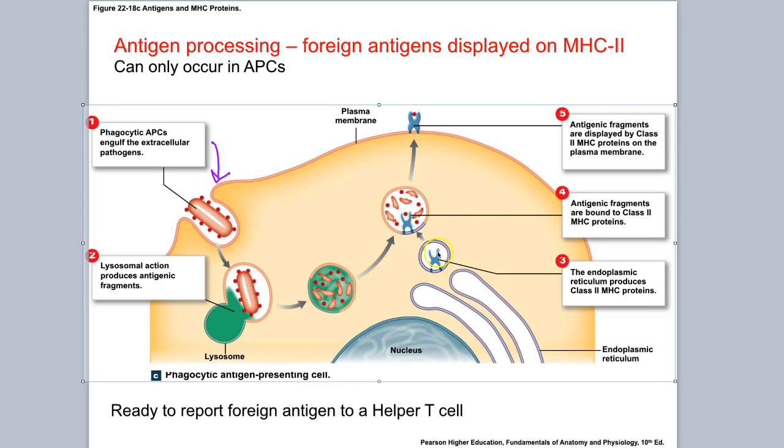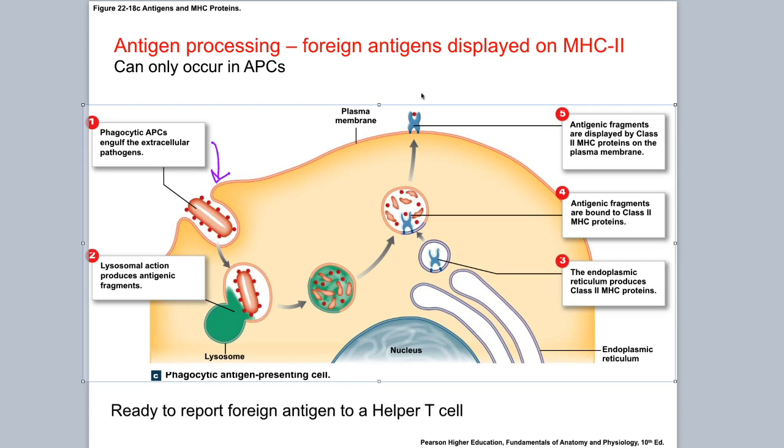See how these MHC2 proteins are being made at the endoplasmic reticulum? You should remember that from A&P 1. In the ER, this is where proteins are made. Here's our MHC2 protein coming in. It grabs one of these foreign particles and travels to the plasma membrane and holds it here, waiting for a helper T cell to come along and inspect it.